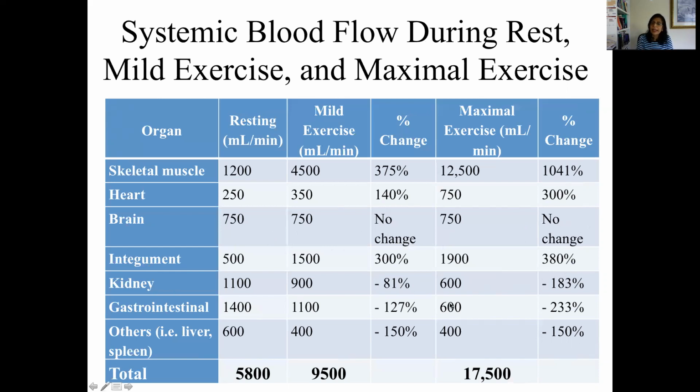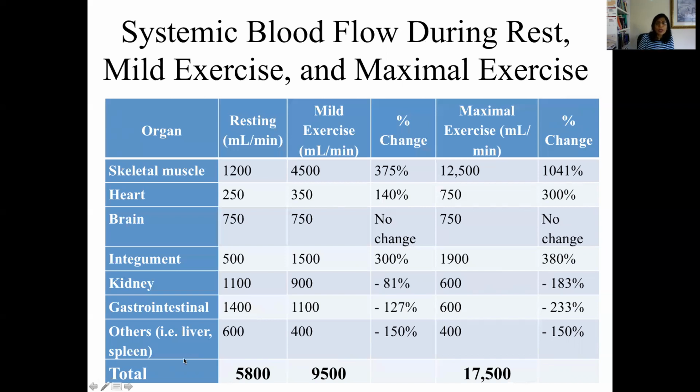Kidneys, on the other hand, is where you would see less blood supply during exercise compared to the muscles or the heart or the skin, because these are the ones that are involved in the exercise. If one has to remove excess heat, the heart has to pump blood, and skeletal muscle generates the force of contraction for movement.